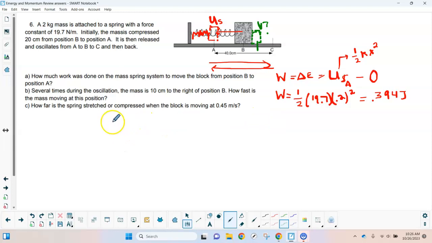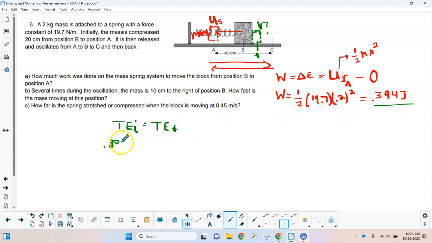So again, it's just conservation of energy. So the total energy initial should equal the total energy at any other point. I'm just going to mark that point with a star, an asterisk, whatever we want to call it. So the total energy at that point. So we already know the total amount of energy, or the work that it starts with, was just 0.394.